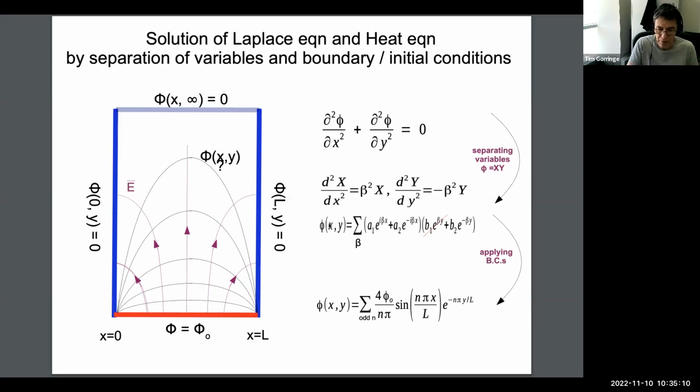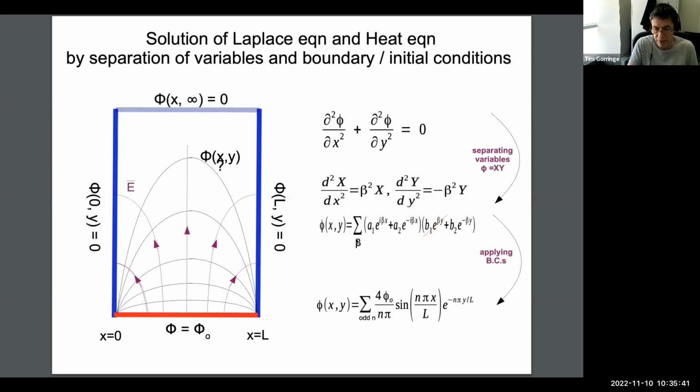This is just me recognizing the general solution that has emerged from this separation of variables, taking the partial differential equation into a pair of ordinary differential equations. And it has this form here. It's a function of x and y, of course. It has this parameter, beta, that emerged when I separated the variables.